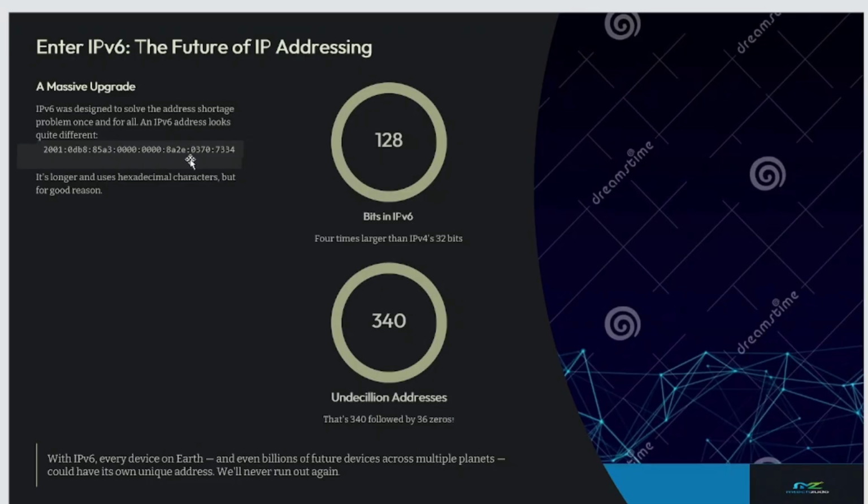That means we now have a mind-blowing number of possible addresses, around 340 undecillion. That's a 340 followed by 36 zeros. With IPv6, every device on earth and even future devices can have its own unique address.